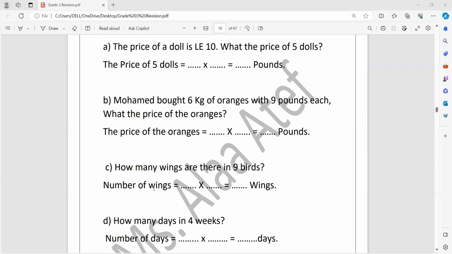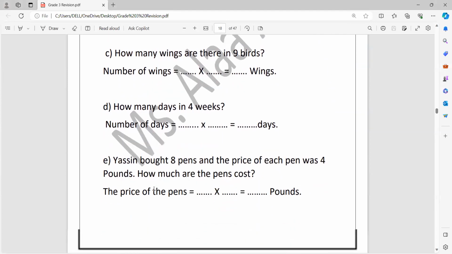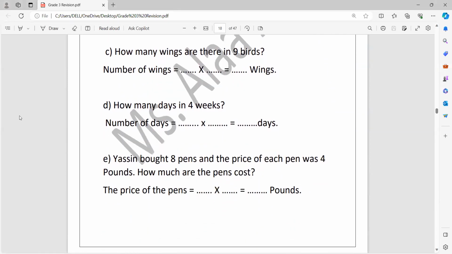Another story problem. How many days are there in 4 weeks? Again, we have here only one number, 4. But can you think: how many days do you have in each week? In 1 week, we have 7 days.